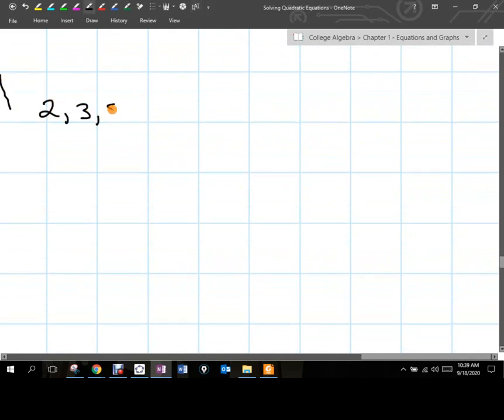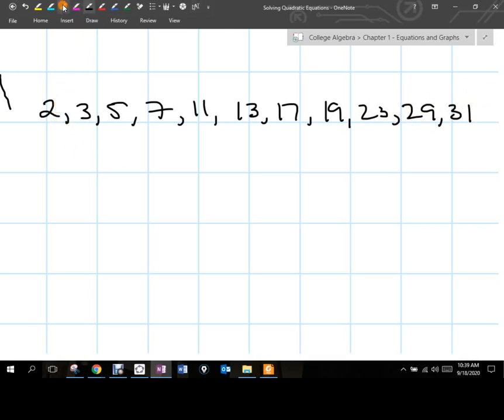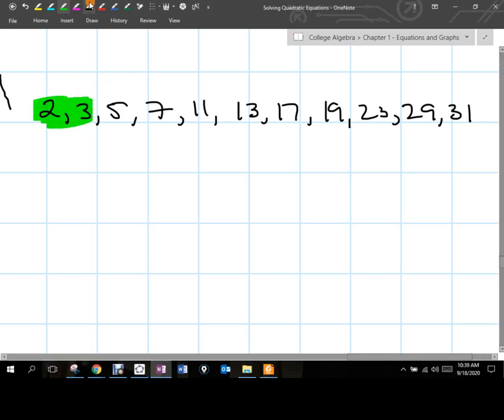Then we've got 3, 5, 7, 11, 13, 17, and then 19, 23, 29, 31.